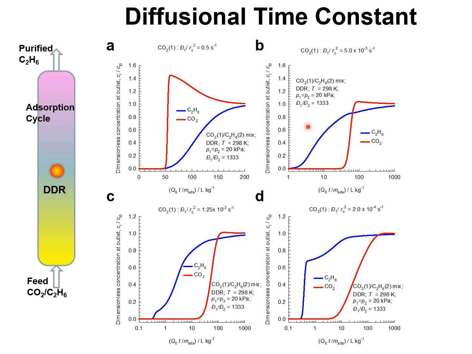These 4 simulations are for increasing sizes of the crystallites, increasing from A to B to C to D.